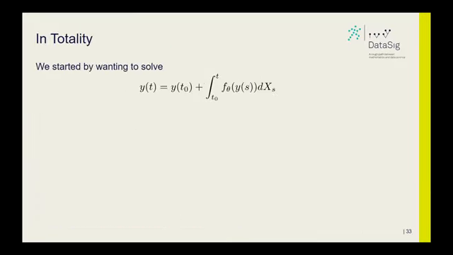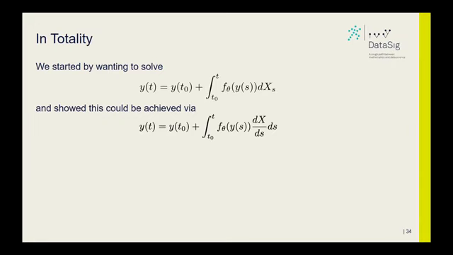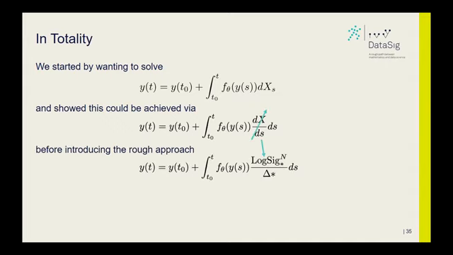And so just as a bit of a big recap overview, we started by wanting to solve this control differential equation. As Patrick showed, this could be achieved via this derivative formulation with a piecewise derivative path. And then we introduced the rough approach. And so this derivative is replaced by the log signature.